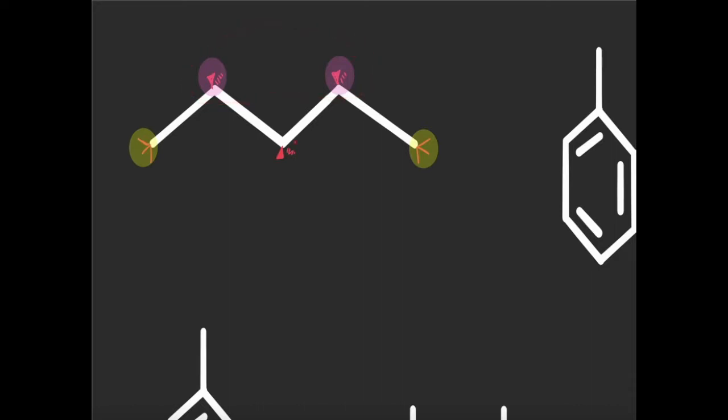What about this one down here? It's a CH2 group as well, so why isn't it the same as these two pink signals? Well, the reason is because this CH2 is in between two CH2s. This one is immediately next to a CH3, this one is immediately next to a CH3, but this one is only sandwiched between these two methylene groups, so it's going to have its own signal.